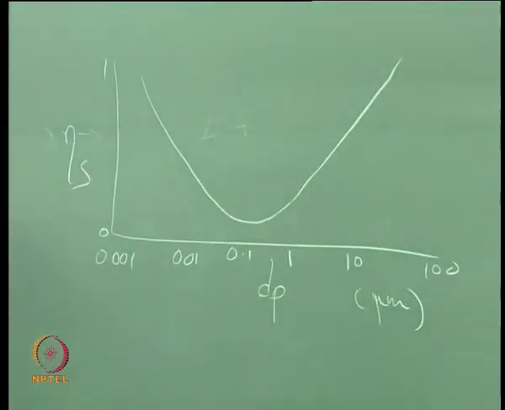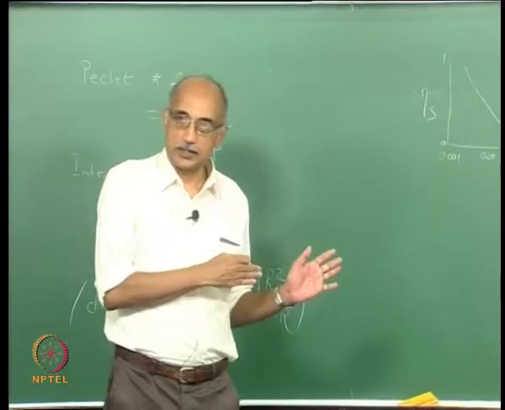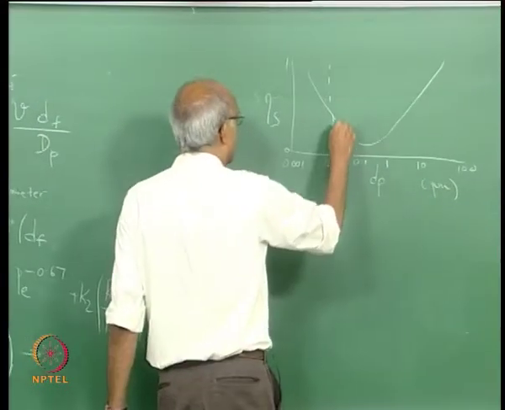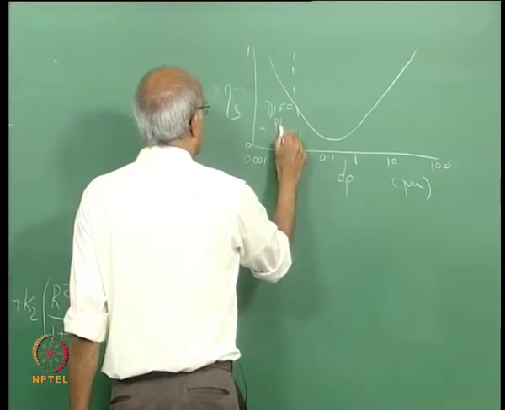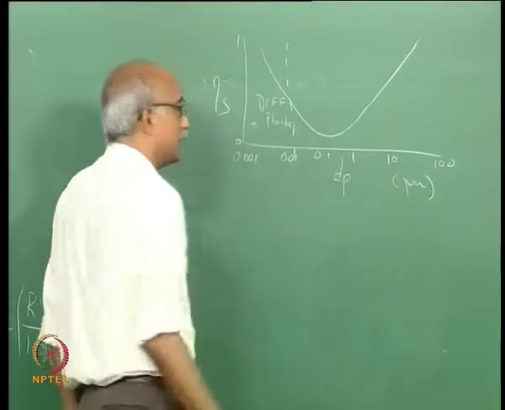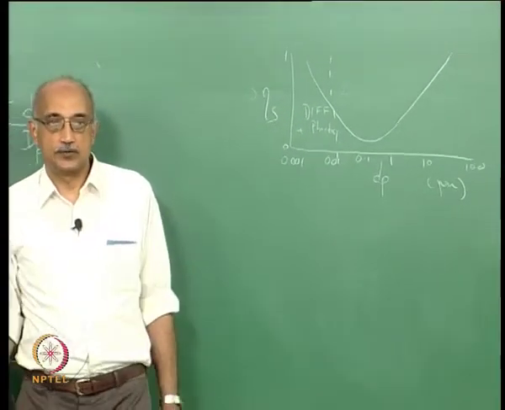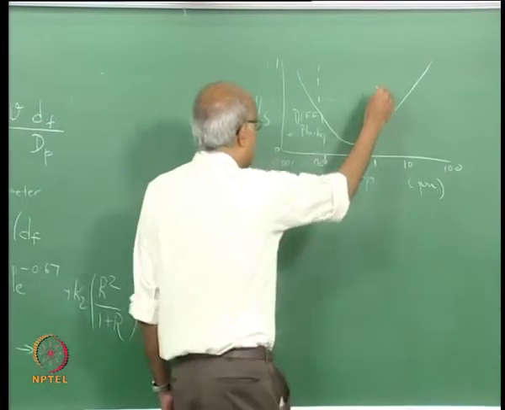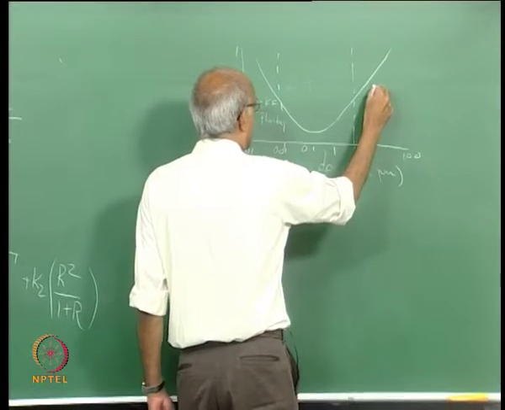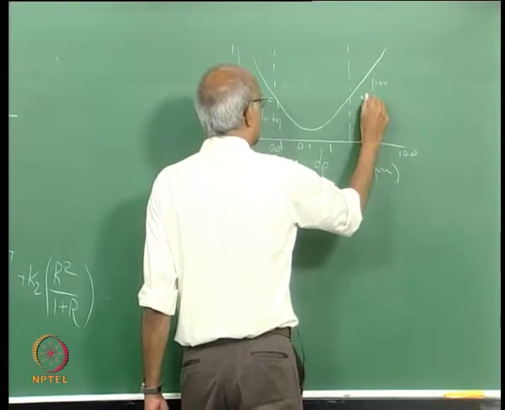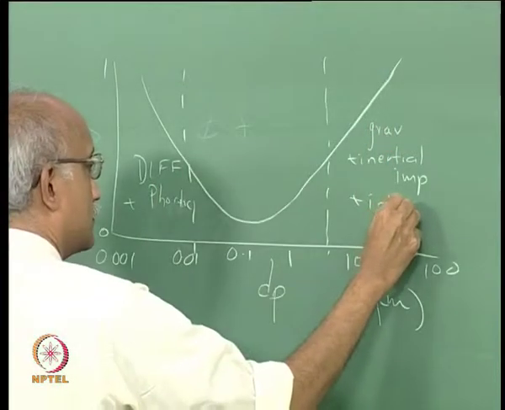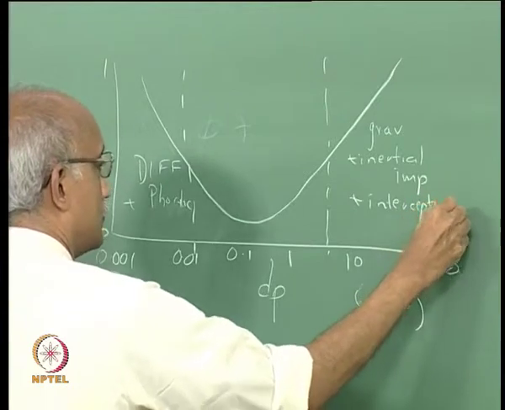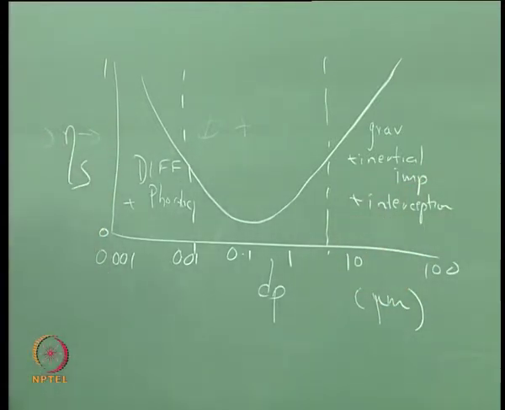The filtration efficiency is very, very high in the smaller sizes, because in this range diffusion plus your phoretic effects dominate. So, they result in a very, very high filtration efficiency, whereas in this range gravity plus inertial impaction plus interception are first order effects, and they again lead to very high filtration efficiencies.